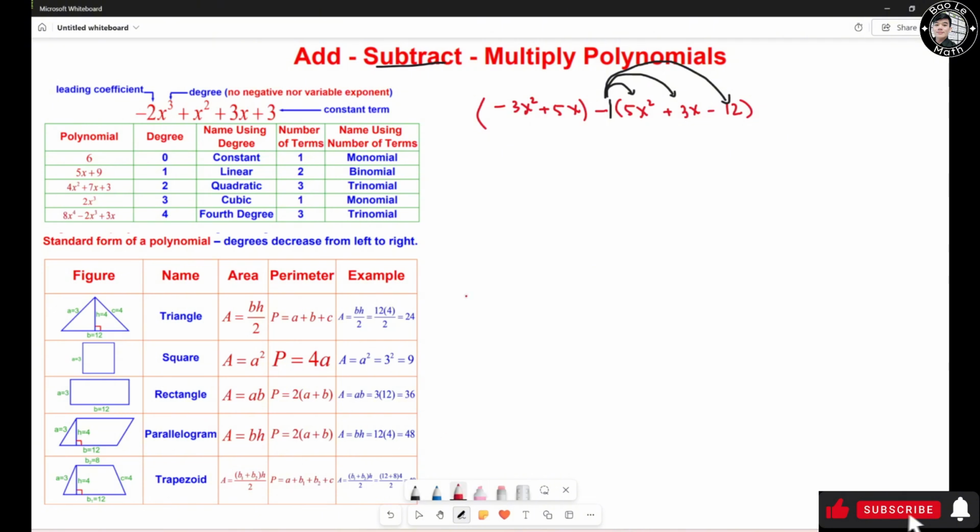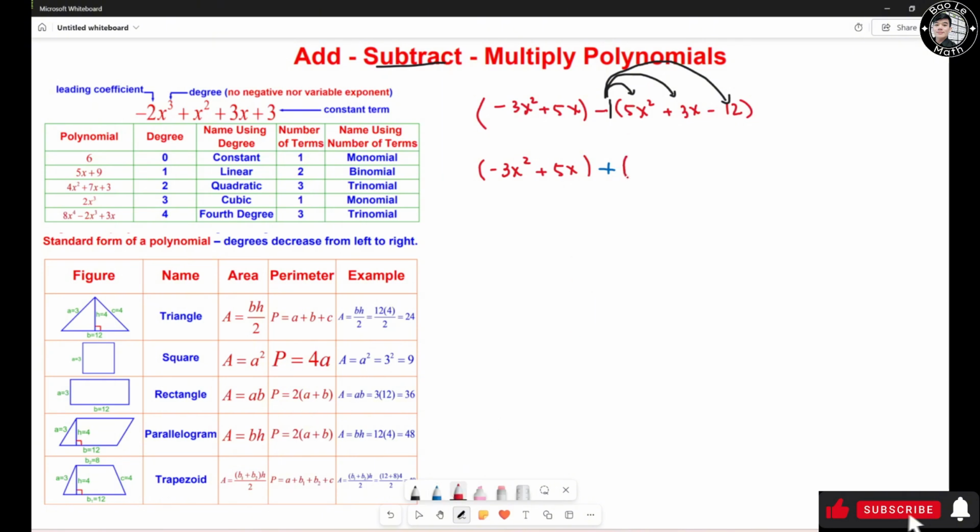So I just rewrite the first one. It's going to be negative 3s squared plus 5s. I rewrite this one. Now after I distribute this one, the sign outside must be the plus sign. Okay, you convert subtraction to addition. So keep that in mind.